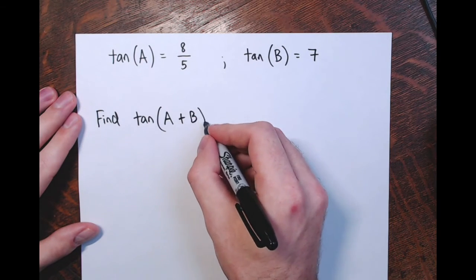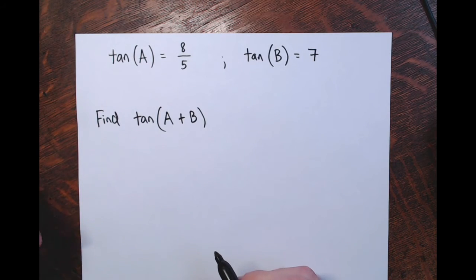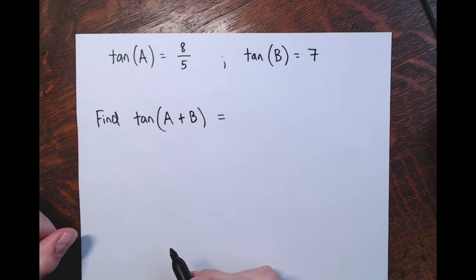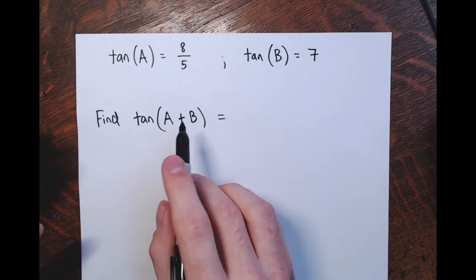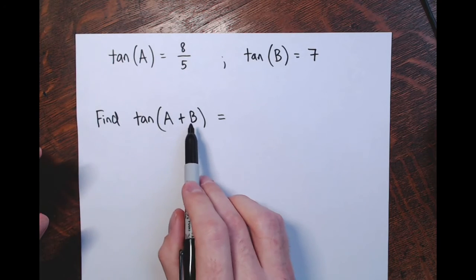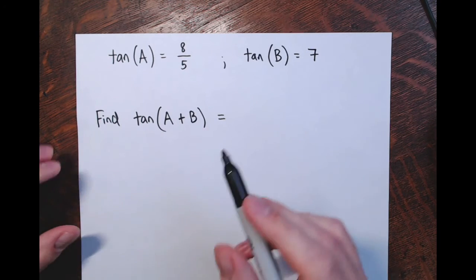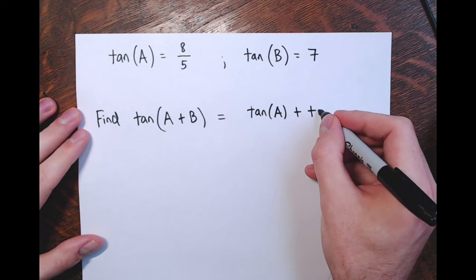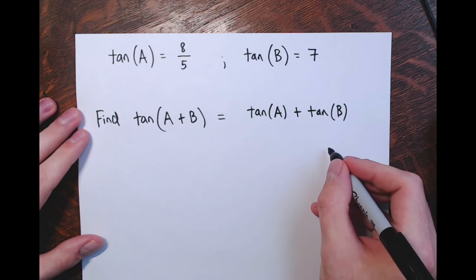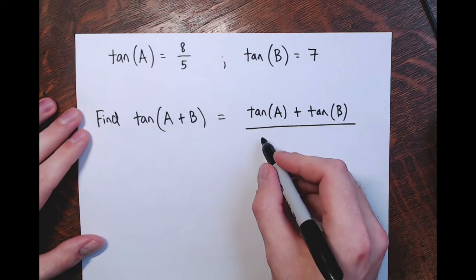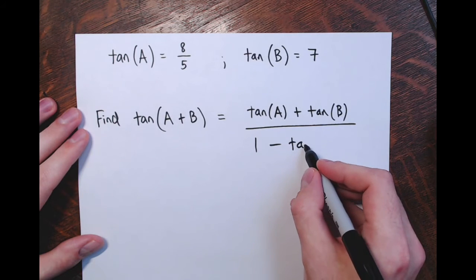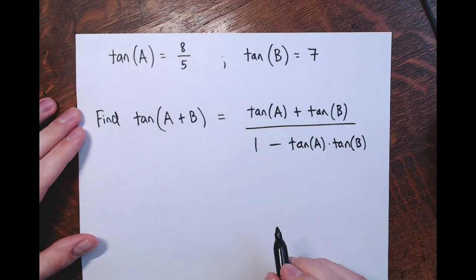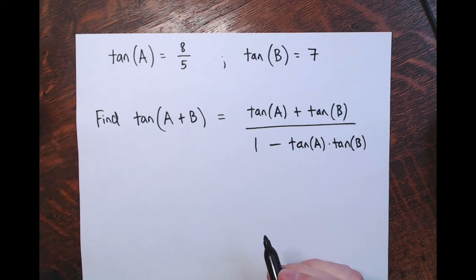Using our sum formula, we can take the tangent of a sum of two angles using the tangent of A and the tangent of B. The numerator is tangent A plus tangent B, divided by 1 minus the product of the tangents, tangent of A times tangent of B, in the denominator. And they ask us to give our answer as a simple fraction.